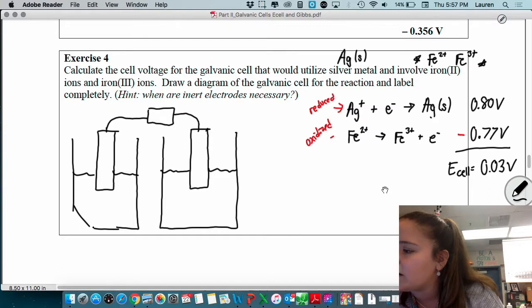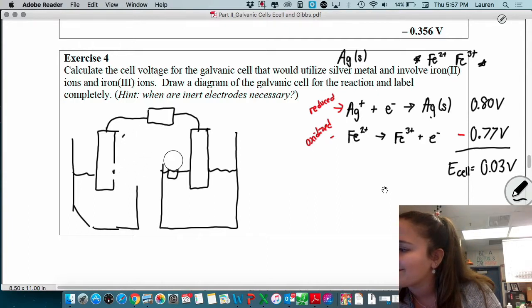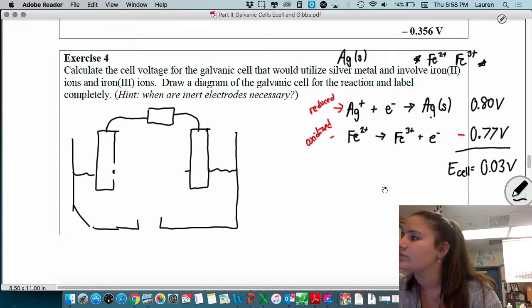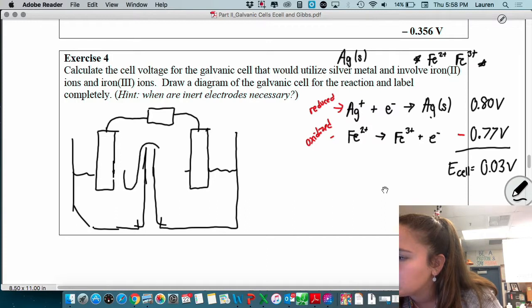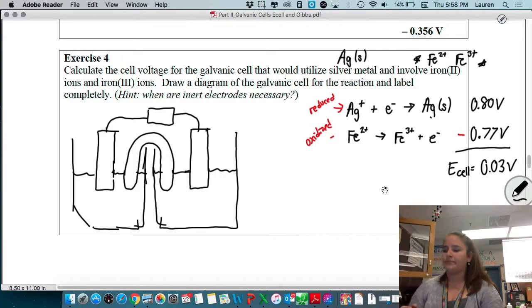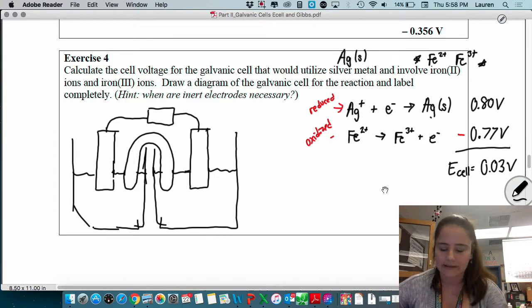And then don't forget always about the salt bridge, or our porous disc, whichever we chose to use. I'm going to clean that up a little bit so that you guys get a better picture here. Okay, there we go. That is our standard setup.